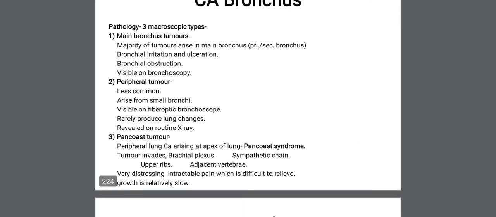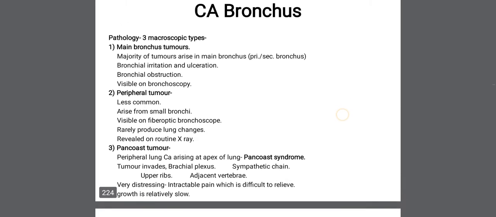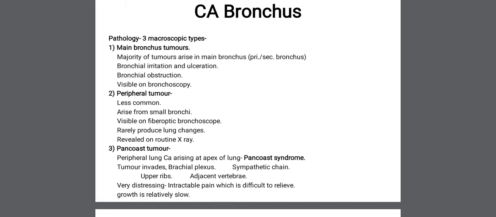The next one is peripheral tumor. It is less common and it arises from smaller bronchi. The first one arises from the main bronchus, but this peripheral tumor arises from the small bronchi, and it is visible on fiber optic bronchoscope.